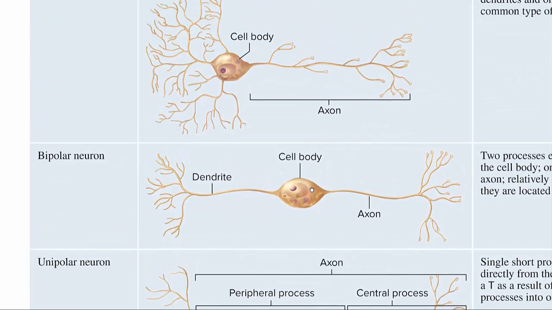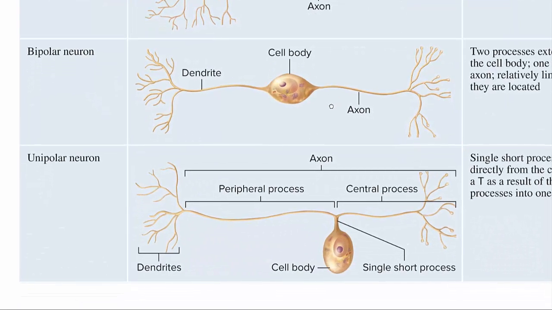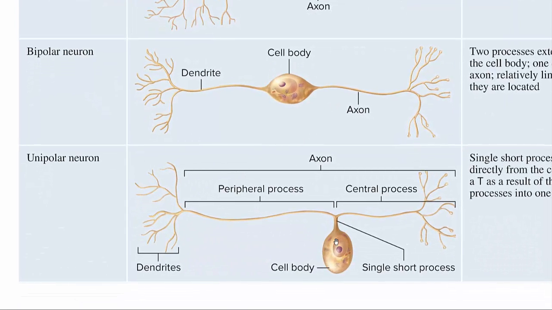When we're looking at the different roles of these structural classifications, motor neurons and interneurons tend to be multipolar neurons. They're dealing with a lot of incoming signals from the brain that need to be sent out towards effector organs. When we're looking at bipolar neurons and unipolar neurons, these two types deal with sensory information.